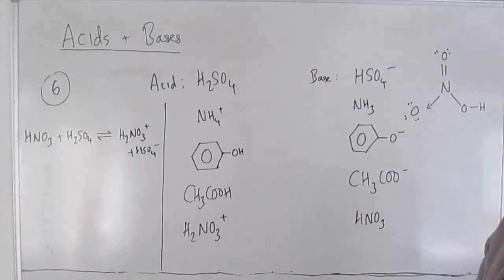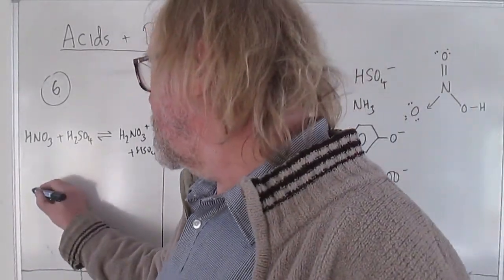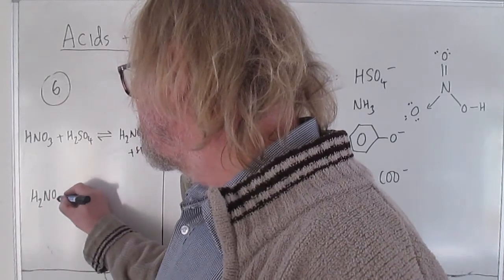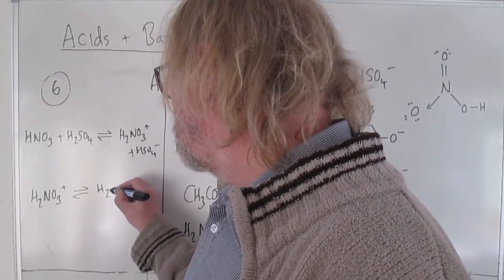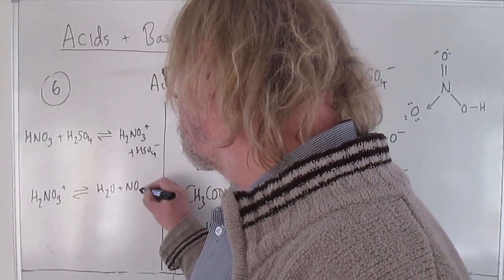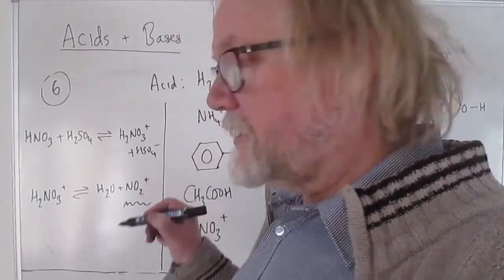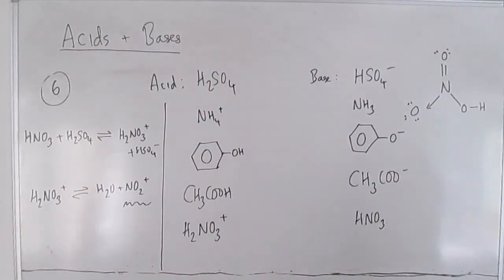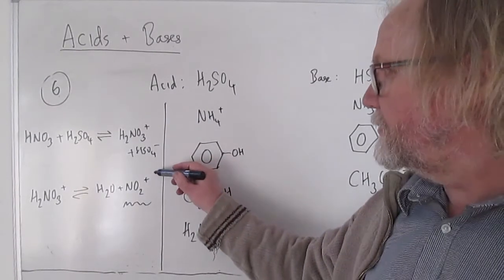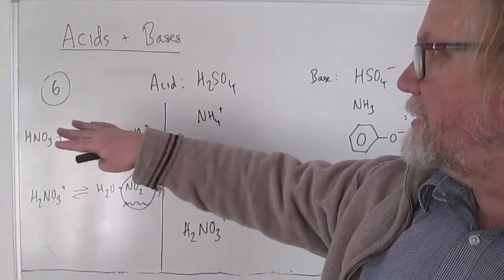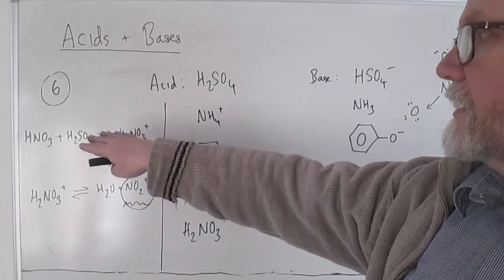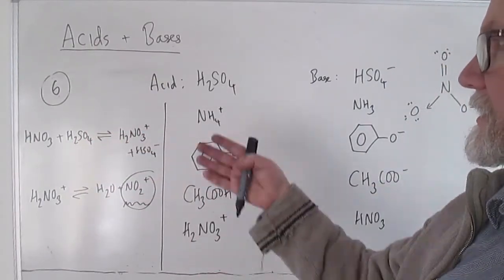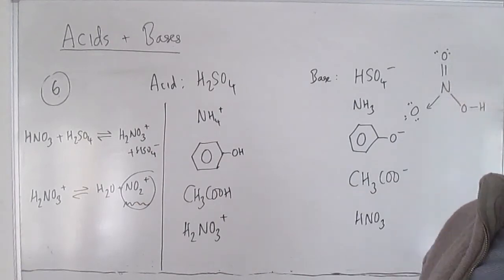But then what happens is you get a second equilibrium, which is that H2NO3+ can break up to give you H2O plus NO2+, which of course is the electrophile that you need for aromatic substitution. So that process by which NO2+ is generated actually is in part an acid-base reaction in which nitric acid acts as a base, accepts H+ from the sulfuric acid to give you that intermediate species which then breaks down.